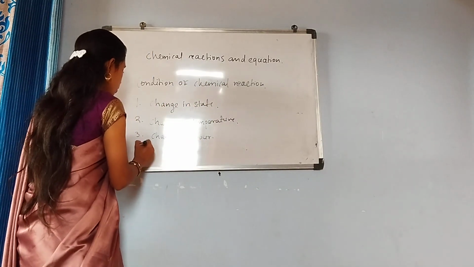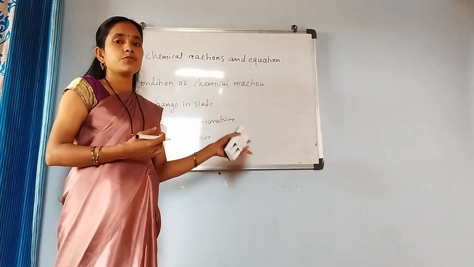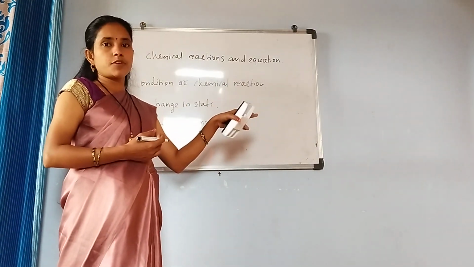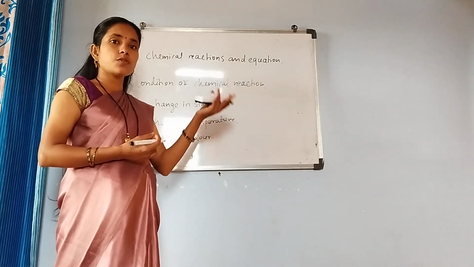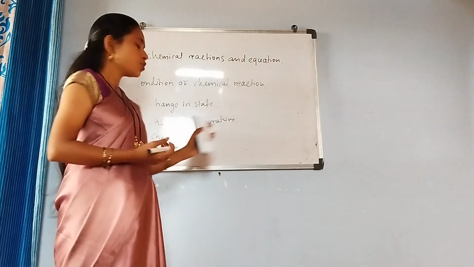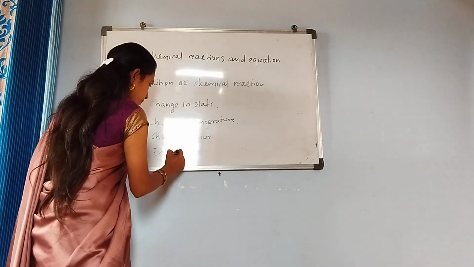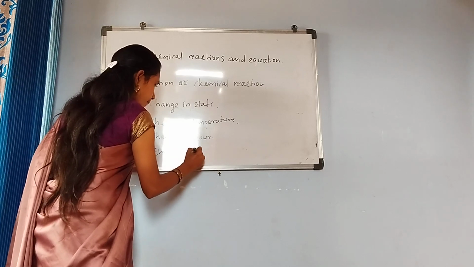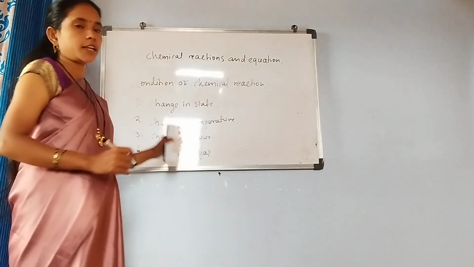Next, we already discussed zinc reacting with sulfuric acid to form zinc sulfate. Zinc sulfate is in the form of a precipitate, and hydrogen gas is evolved, so that is also one of the conditions of chemical reaction: evolution of gas. So these are the conditions of chemical reactions.